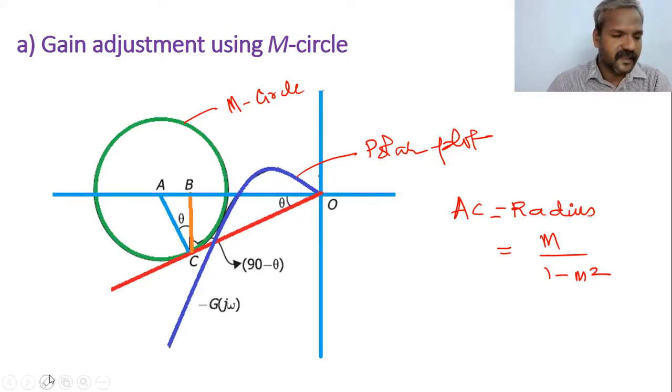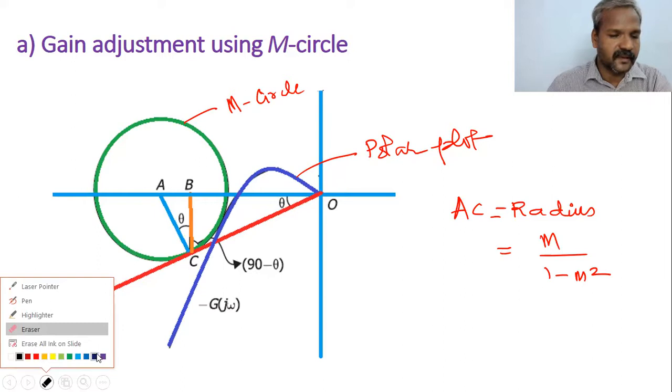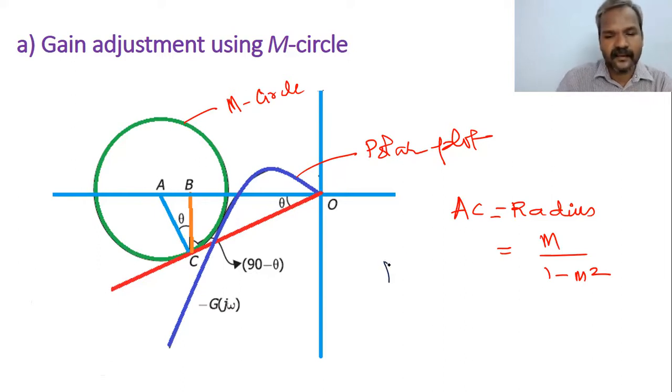Consider this right angle triangle OCA. OA is the hypotenuse, and AC is the radius.